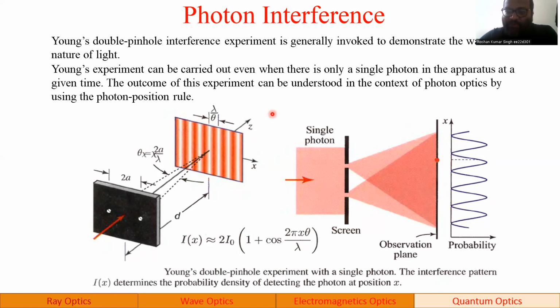When we experiment with a single photon, it shows the same intensity distribution, a bright and dark spot. We see this intensity distribution, which is related to the input photon intensity. When we pass it through a linear operation, we get the intensity distribution, and this is also a uniform intensity distribution.